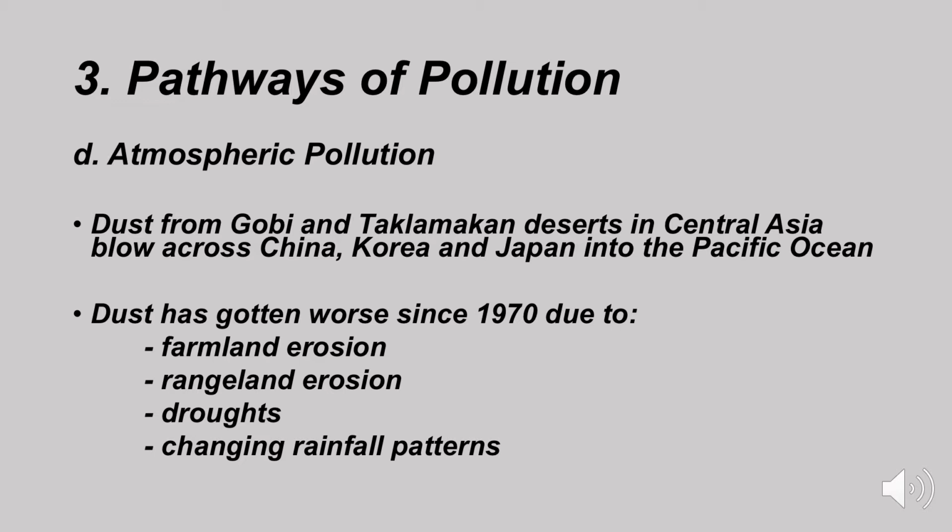Our population has basically doubled in the last 50 years, so we've had to double our farmland. And even with improved conservation practices in some areas of the world, you still lose a lot of soil and dust from farmland. Rangeland erosion.